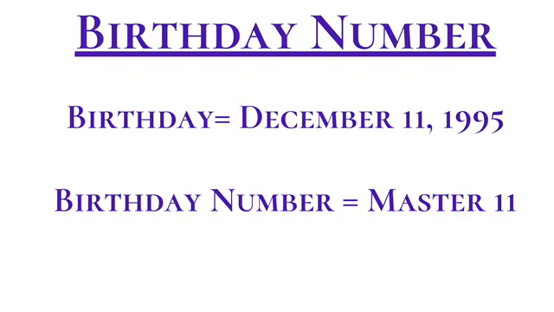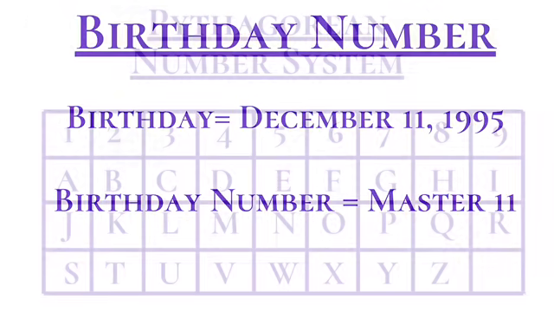So if you were born on the 11th of a month or the 22nd of a month, you will not add the two digits together because your birthday number is a master number. So your birthday number is either a master number 11 or a master number 22. And the master numbers are the only numbers in numerology that we do not add the two digits together to get a final number. So you will just keep those two digits alone and you will not add them together.